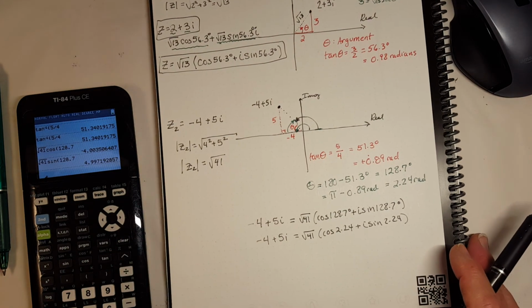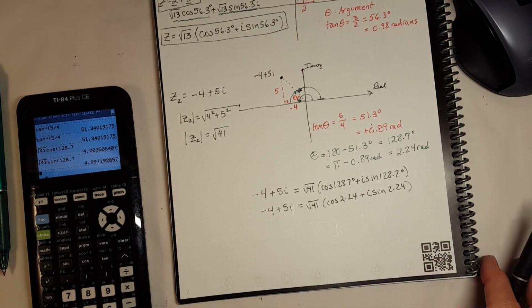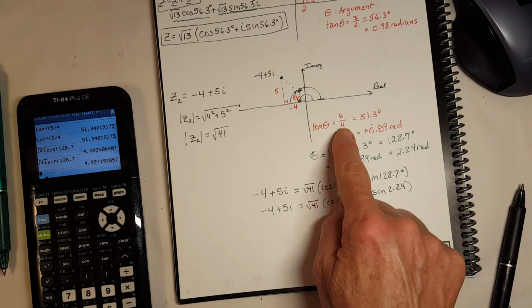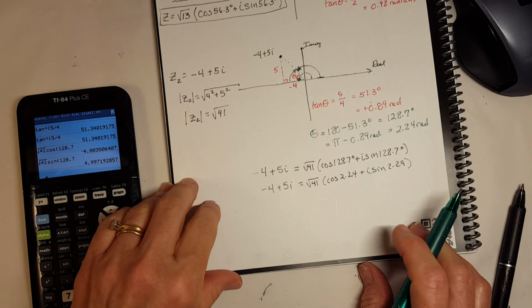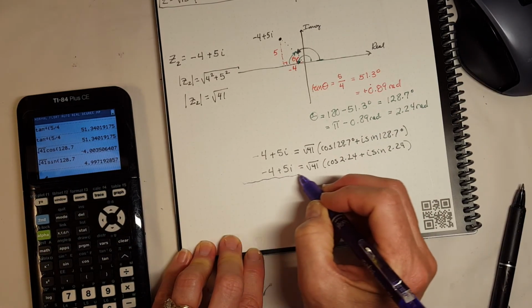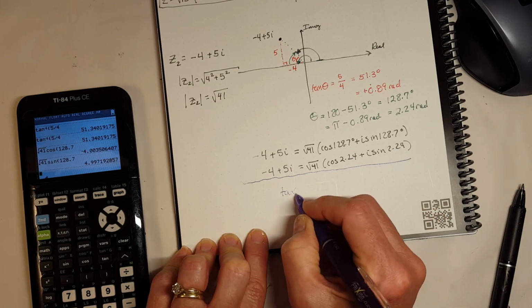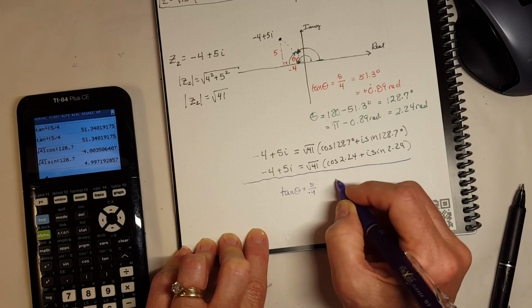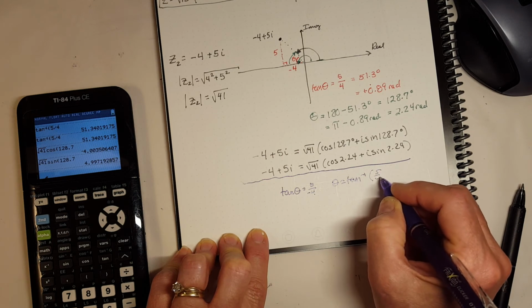Now, there is another way to calculate the argument, the theta, when you have negatives. Let's see what happens if I leave that -4 in. We talked about this in trig as well, so this shouldn't be new. If I had said tangent of theta is equal to 5 over -4, then theta is equal to the tan inverse of 5 over -4.